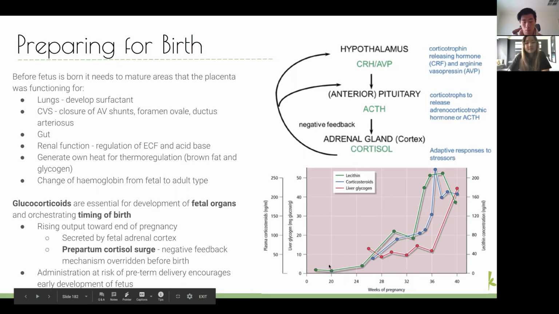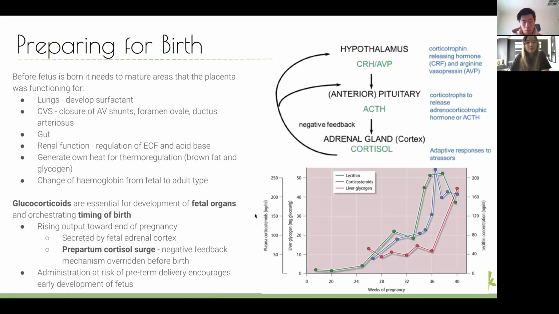But at the end, the negative feedback mechanism is overrun and that absolutely skyrockets. It's in the blue. Administration of corticosteroids before birth encourages the early development of the fetus, so it's more likely that the fetus will survive.